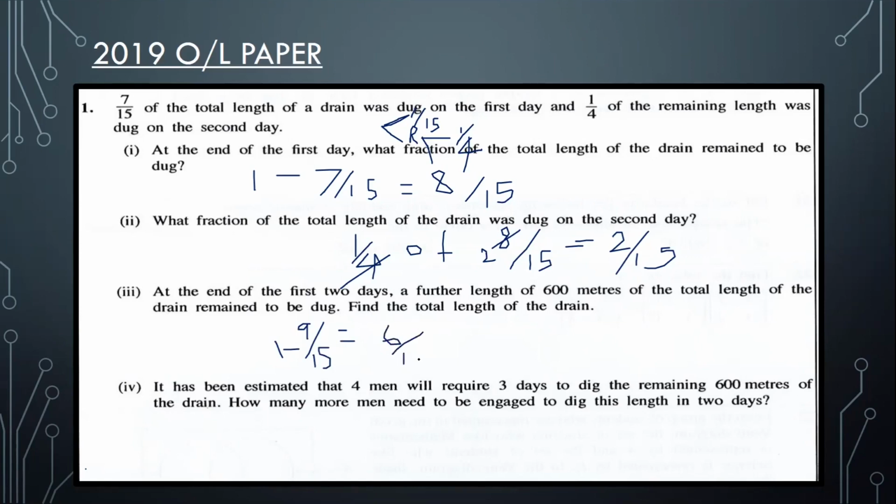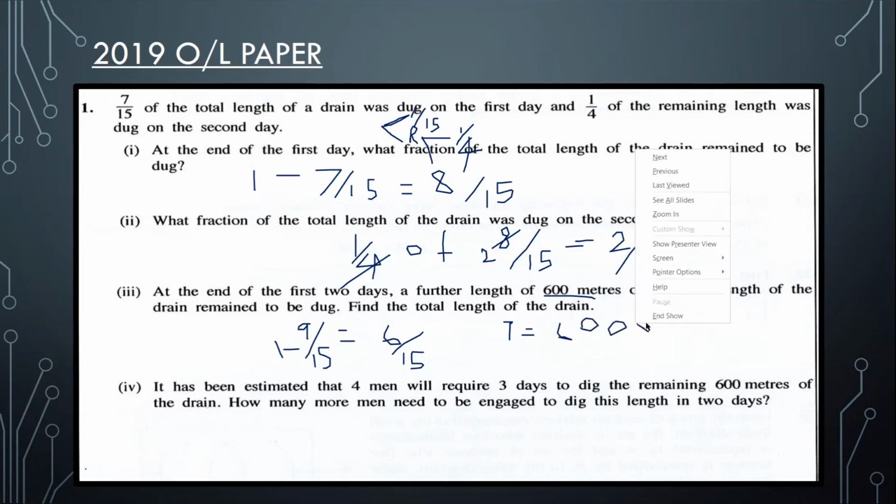Right. So this 6 over 15 portion is only equal to 600 meters. So the total length is equal to 600 into 15 over 6.